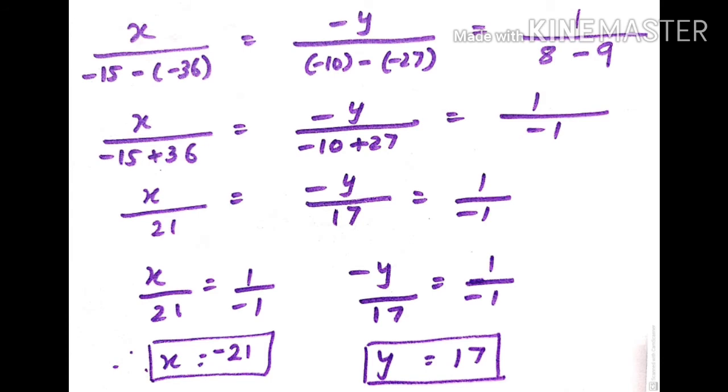Now students, we have to compare the first term, that is x upon 21 is equal to 1 upon -1, and minus y upon 17 is equal to 1 upon -1. So the first is x upon 21, so cross way you take in the multiplication, so x is equal to -21, and here both the side negative sign get removed, so y is equal to 17. So we will find our values x and y, -21 and 17, using this method.